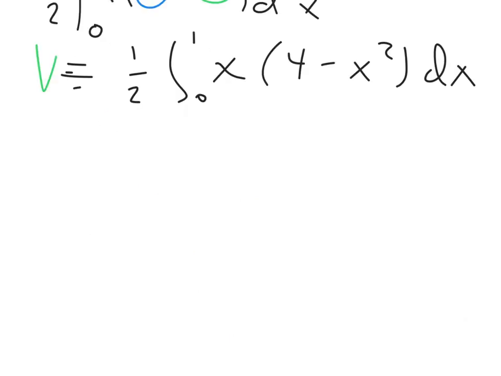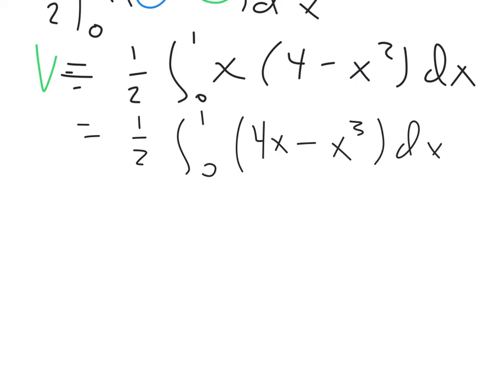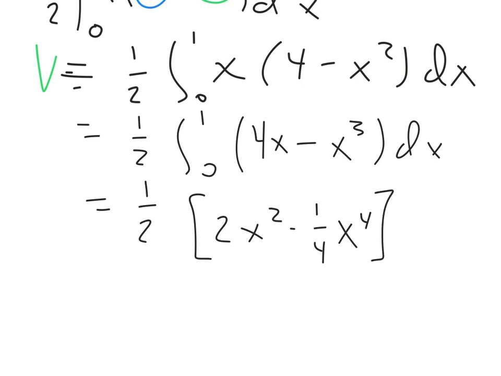To integrate, I will multiply through: 1/2 integral from 0 to 1 of 4x minus x cubed dx, so 1/2, and that integral of 4x is 2x squared minus 1/4 x to the 4th from x equals 0 to x equals 1.